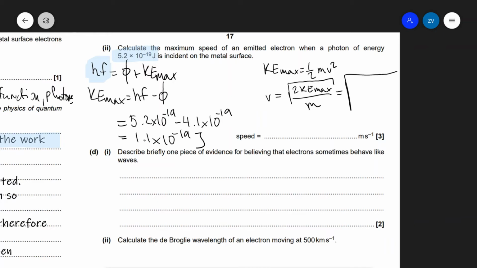So this will be equal to the square root of 2 times 1.1 times 10 to the power minus 19 divided by the mass of the electron, which is given in our formula booklet, 9.11 times 10 to the power minus 31. And if we put that into a scientific calculator, we are going to get about 4.9 times 10 to the power of 5 meters per second.